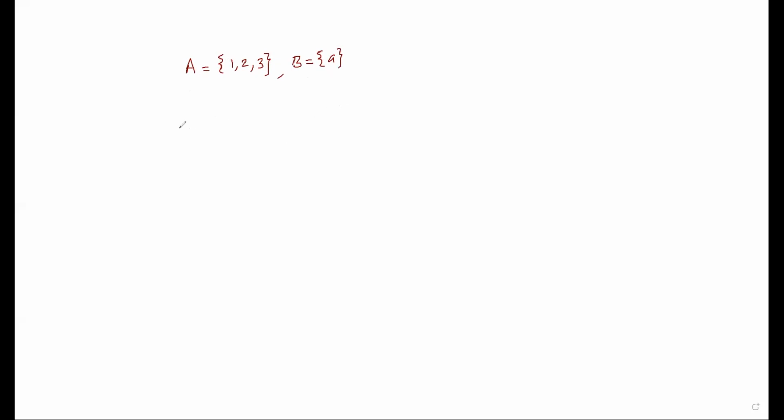Then we have seen A cross B. A cross B means all ordered pairs such that the first element is from the first set and the second element is from the second set. This is A cross B, right?